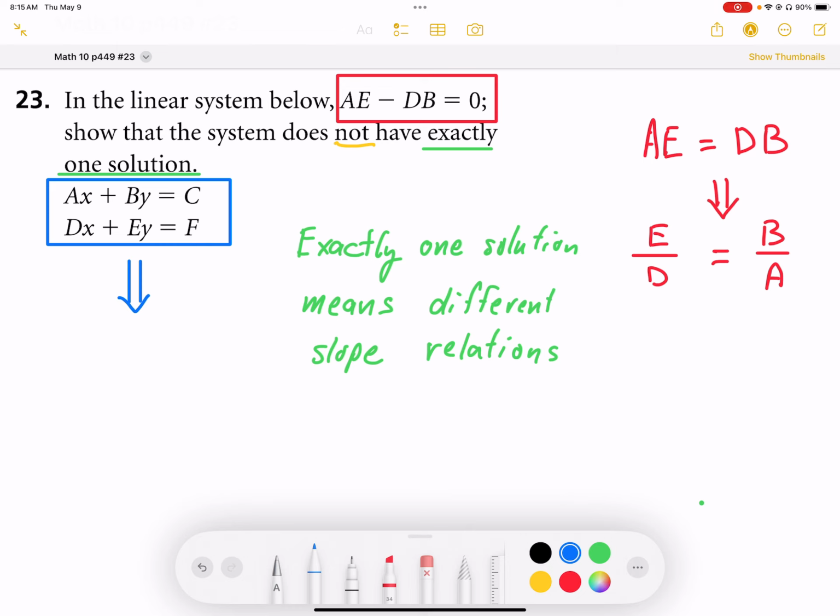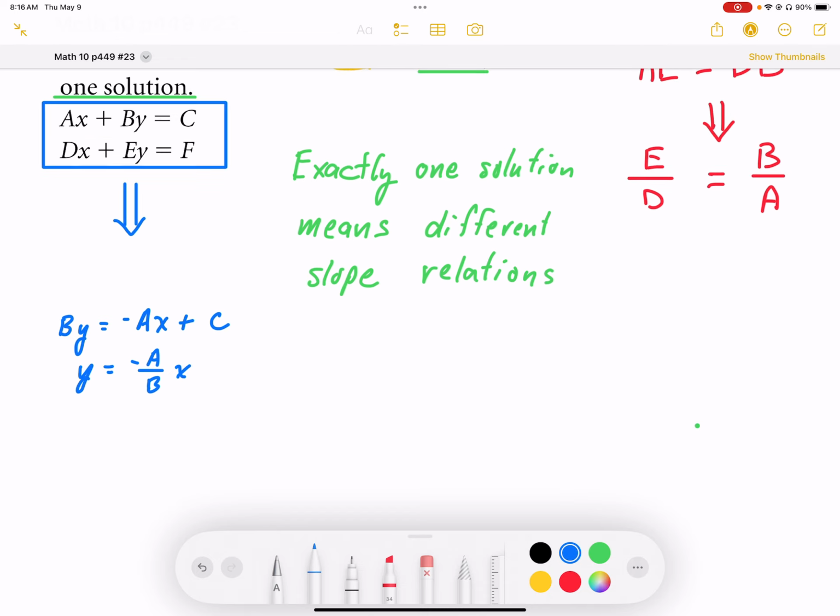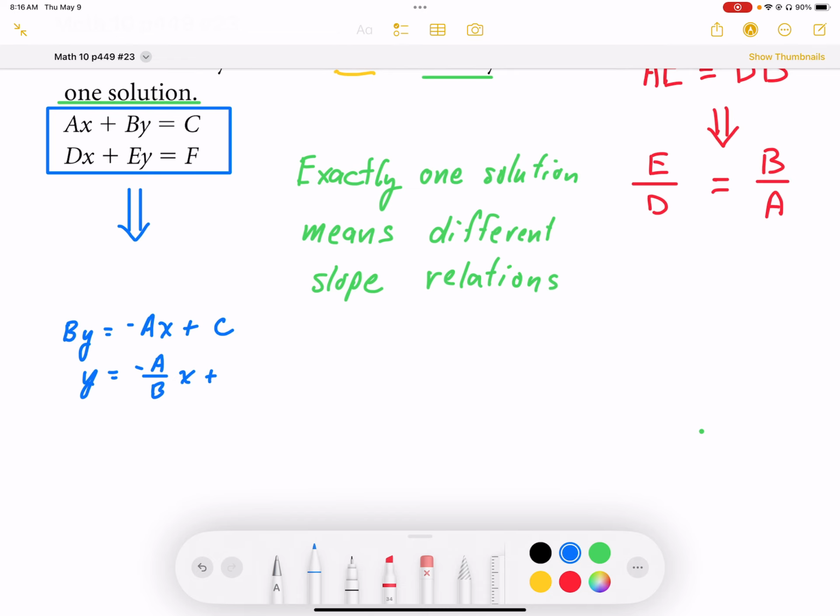I'm going to take the first equation: by is equal to negative ax plus c, and then divide both sides by b. I get negative a over b, which represents my slope, plus c over b, which happens to be the y-intercept, although we're not that interested in that. So the slope is negative a over b.